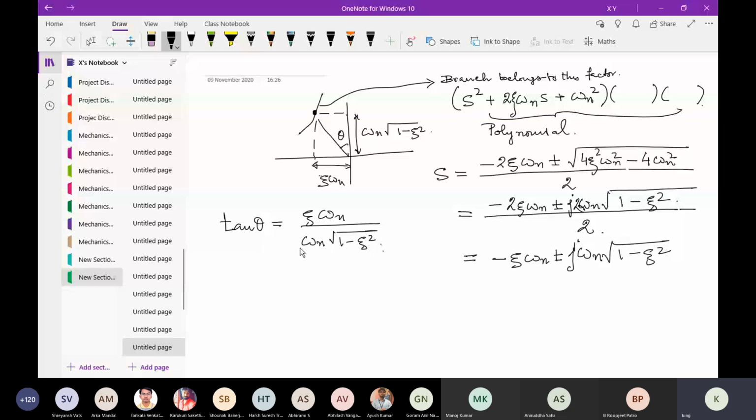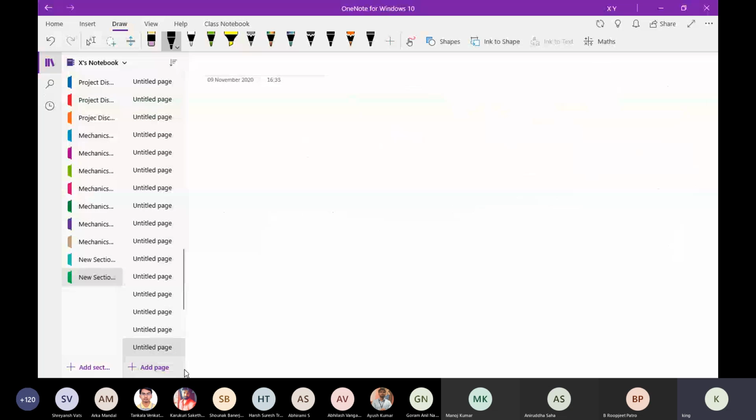And there is also another bit of geometry that is there.